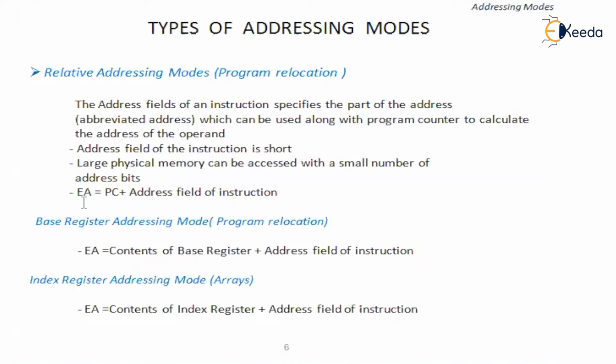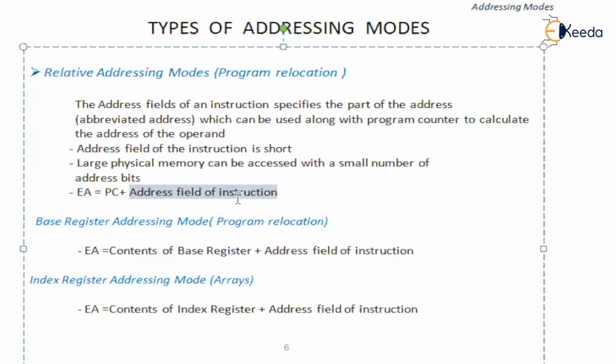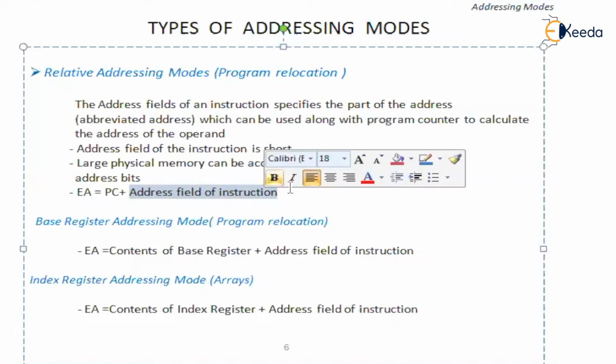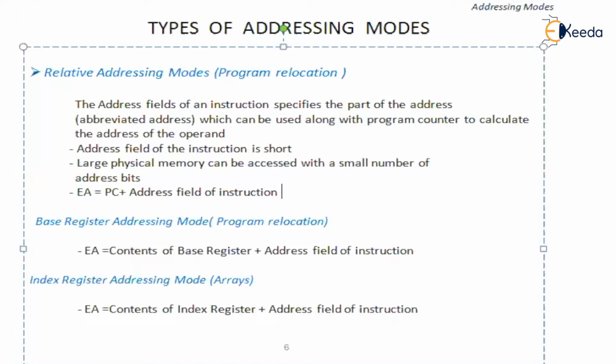Effective address is equal to program counter plus address field of the instruction. Now, in our case, the effective address is equal to 473, right? So in 473 there is the actual operand. We need to go to the 473rd memory location, collect the operand and add it to the accumulator.